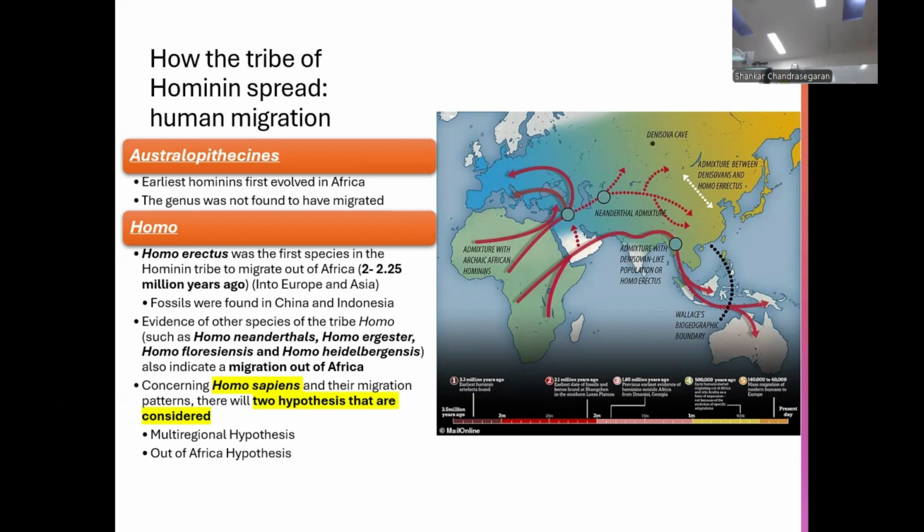Some of the species that we can relate that back to are Homo neanderthals, Homo ergaster, Homo florensis, and Homo heidelbergensis, and also some different, not as well documented species of Homo that we talked about in the past. So we could find these fossils outside of Africa. That is an indication that they at one point did migrate out of Africa along with the rest of the Homo erectus, going to different sections of the earth.